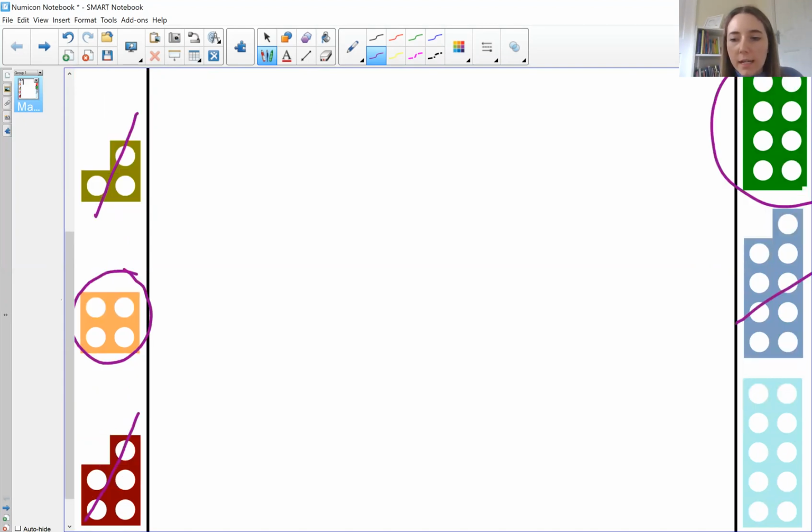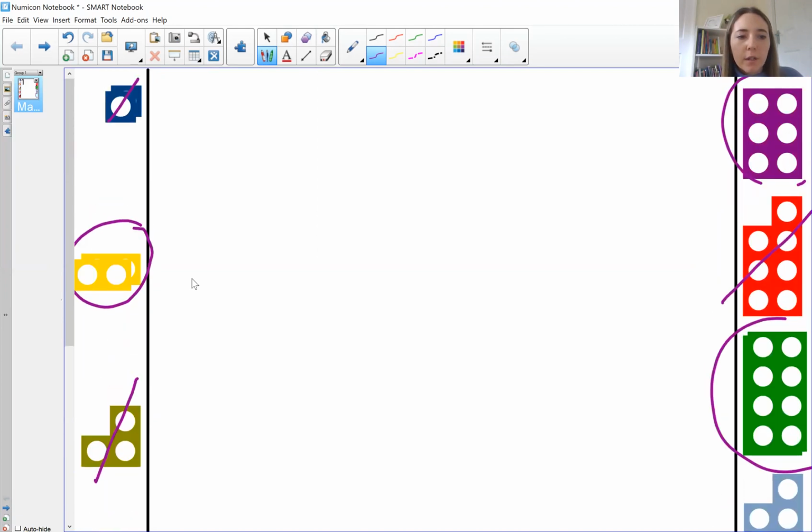Now, do you notice that the even numbers, they're even because there's 2 in a row, so they don't have the sticky uppy bit. The odd ones, you can see it's odd because it's missing its friend sitting next to it. It's got a sticky uppy bit there. It's not in an equal pair. So that's odd because it has a sticky uppy bit. That's even. They're all in equal pairs.